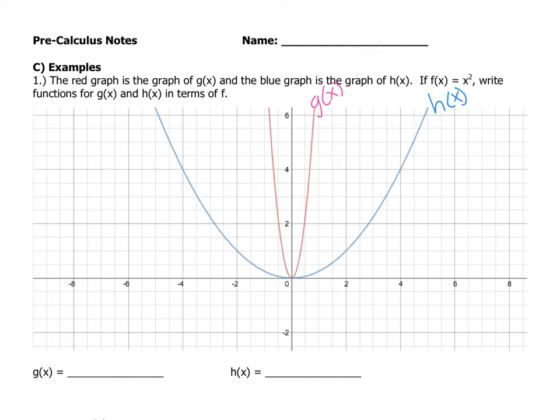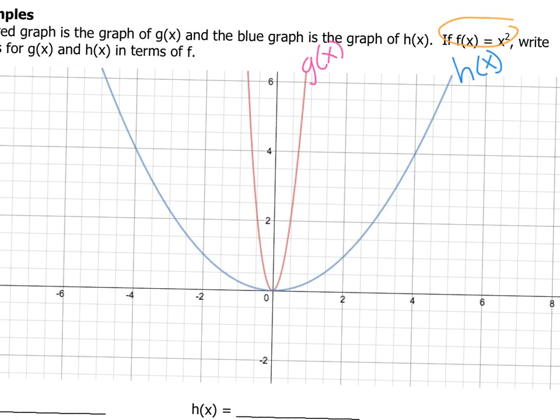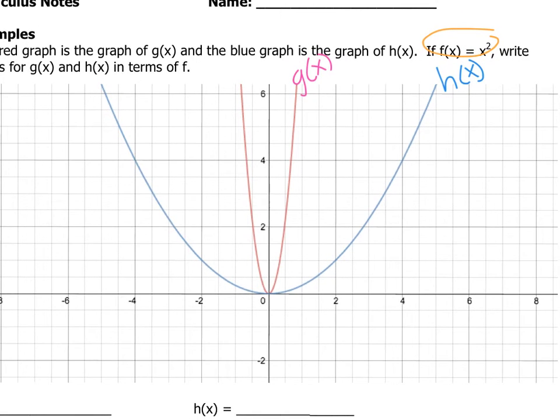Okay, so it says that f of x equals x squared. So let's go ahead and graph that one. Again, that's just our basic parabola. So it has points (0, 0), (1, 1), and then (2, 4).